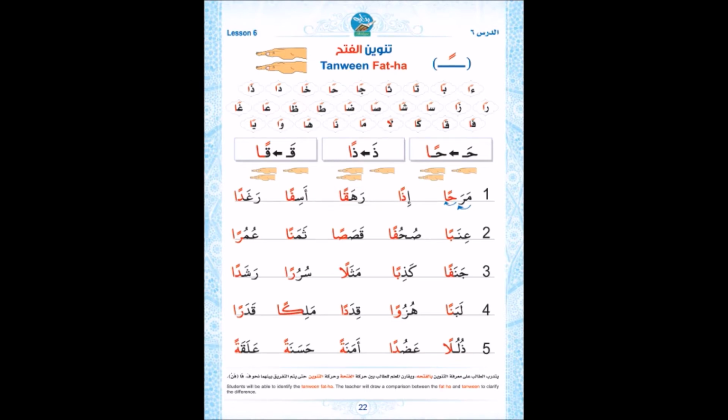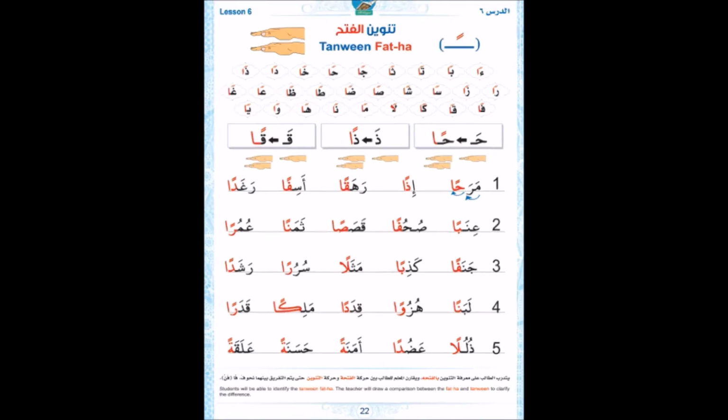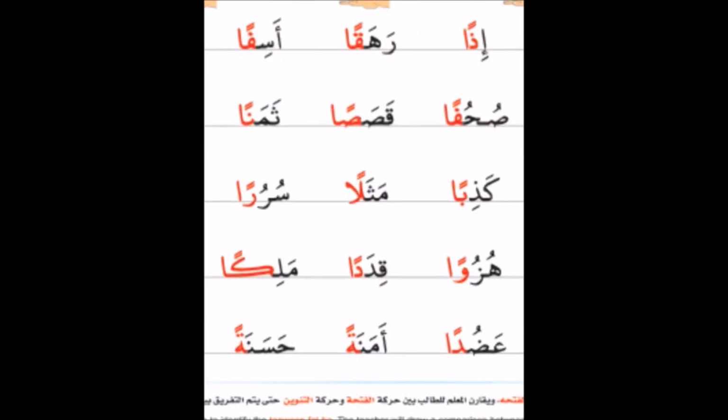Something to note in this lesson is the introduction of tanween means there's now a difference between the traditional Arabic script and the Quranic script, which is found in the Uthmani version of the Quran. This difference is in the tanween fath. In the Quran, we will see the tanween fath on top of the letter, and in classical Arabic, the tradition is to write it on top of the alif.